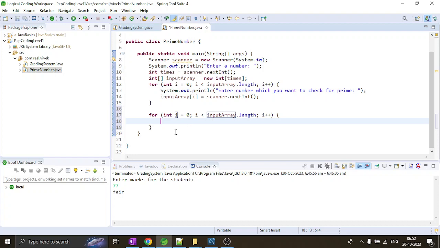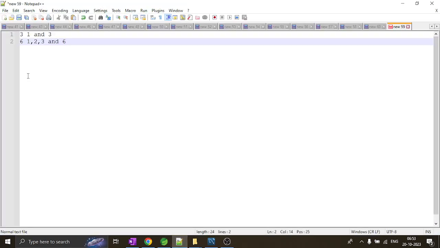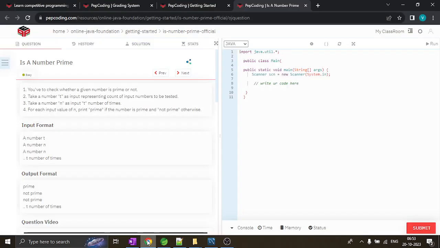A number is prime, like I explained, if it's divisible only by 1 and the number itself. We have to print prime if the number is prime, and not prime otherwise, right?